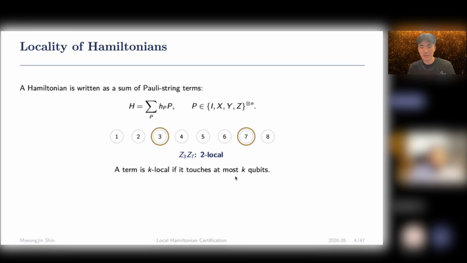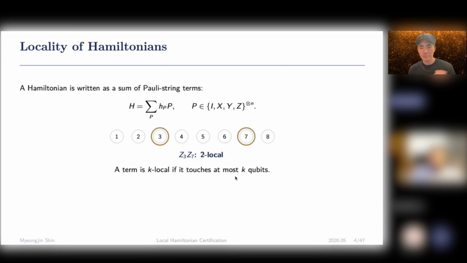H can be represented as the sum of h_P times P, where h_P is the Pauli coefficient and P is a Pauli operator, which can be expressed with the single-qubit Pauli terms I, X, Y, Z, and generalized to n qubits. The Hamiltonian can be represented as the sum of those Pauli terms.